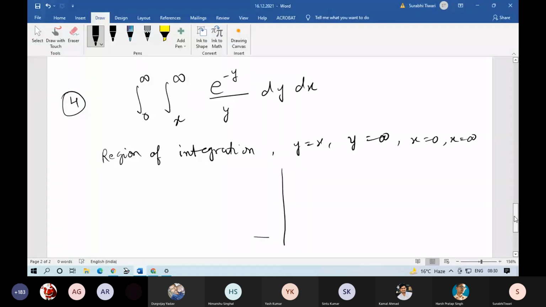So ये बना, this is x is equal to y and y is tending to infinity. So this is above, ऊपर तक जा रहा है, and x is equal to 0 to x is equal to infinity. So x is equal to 0 this line and x is equal to infinity.